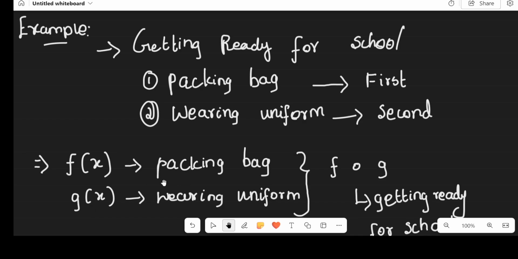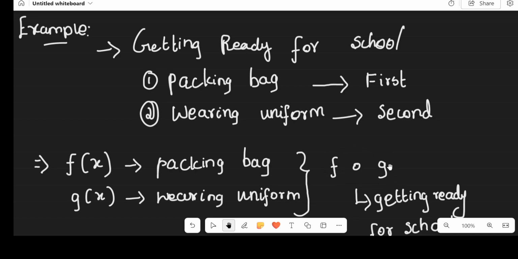If you want to find out f of g, here f means f of x, g means g of x. The two functions will be provided in the problem, that is f of x and g of x. Using those two functions only, you are going to find out f of g.